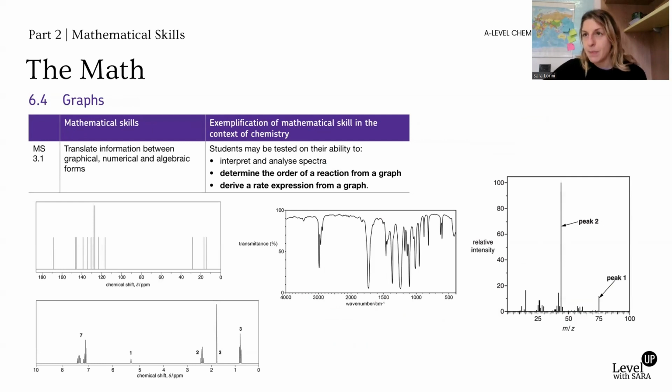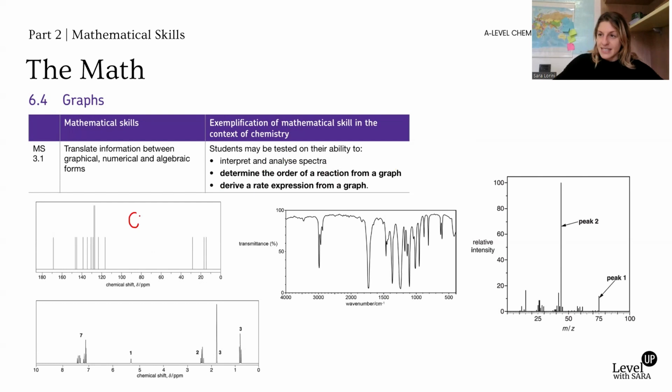Let's continue. We are looking at now another side of these mathematical skills, which is graphs. Translate information between graphical, numerical, and algebraic forms. So many things that we need to do. And the first that I have in the slide is interpret and analyze spectra. The orders and the rate we will see a little bit later, but for analyzing the spectra, let's have a look at the spectra that you need to be familiar with.